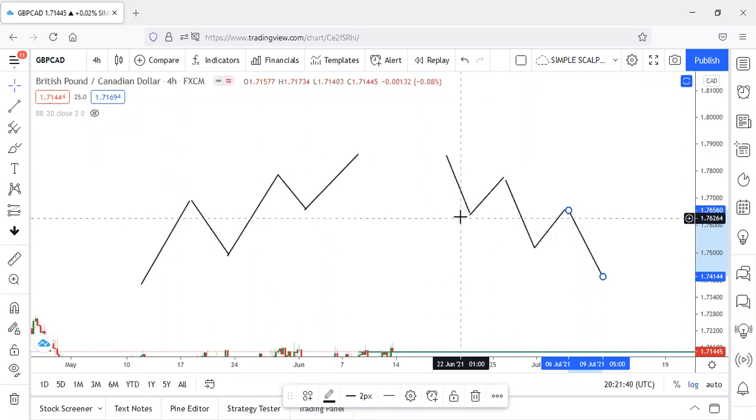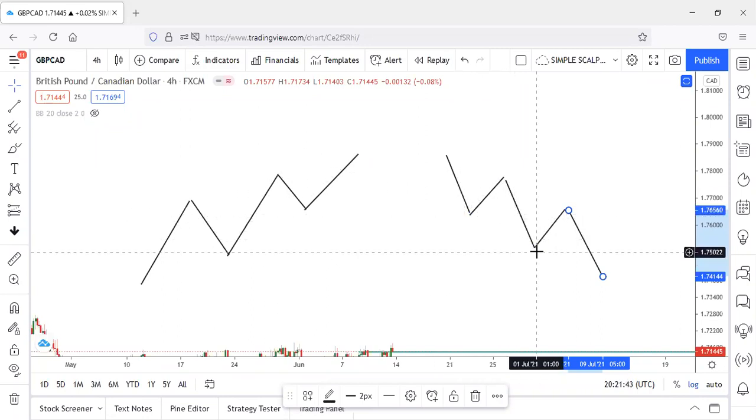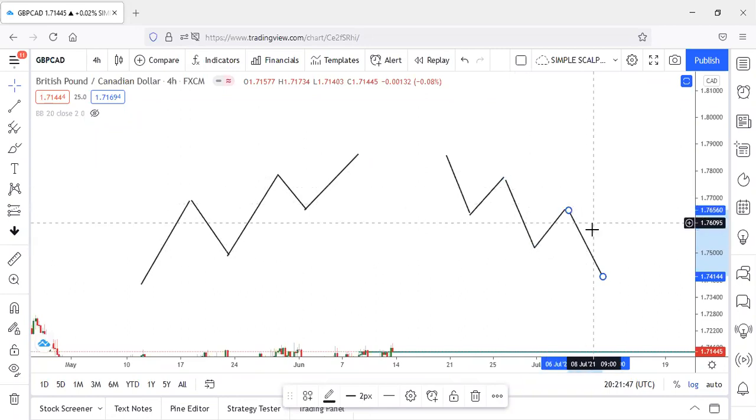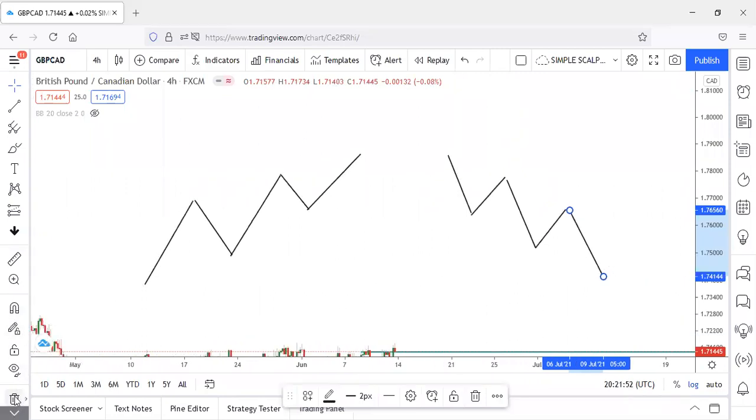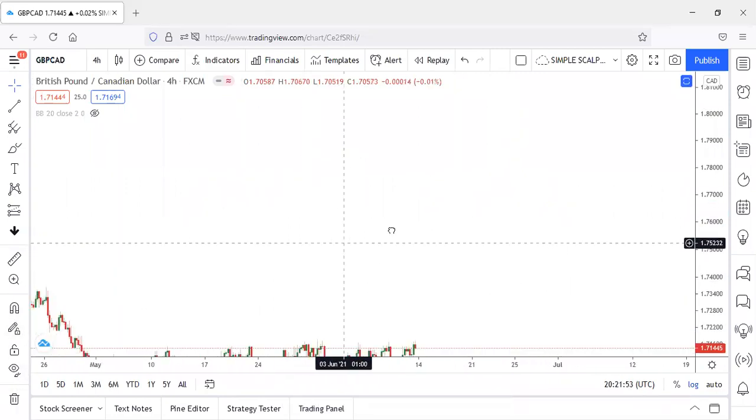So this is known as the lower low and this as the lower high, while this is also a lower low, lower high. On and on like that, guys. That is what we talked about a lot last week.